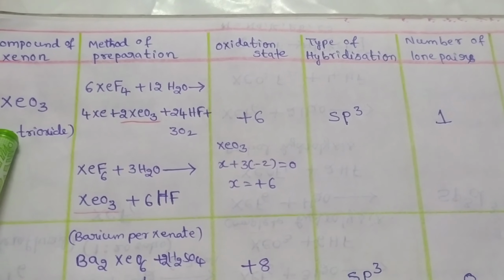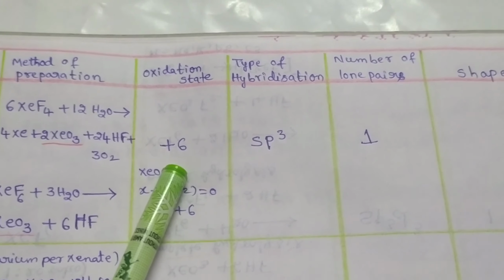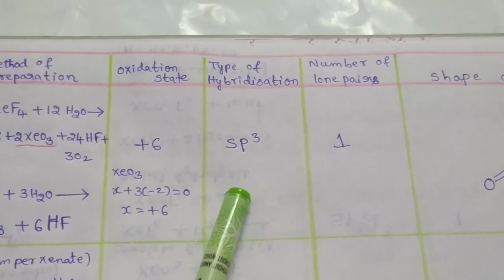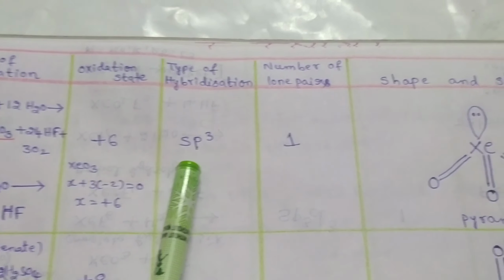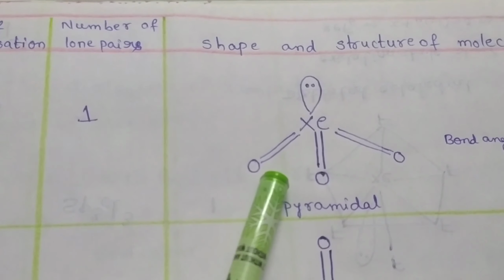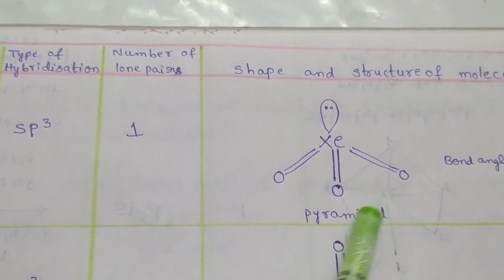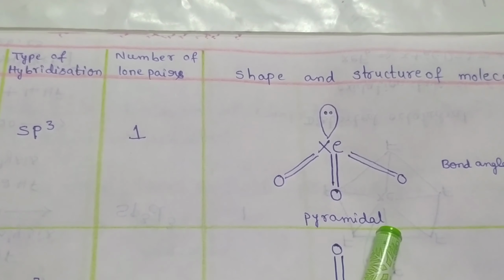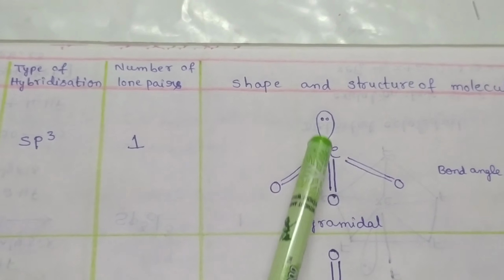Oxidation state: in xenon trioxide, xenon shows +6 oxidation state. Type of hybridization: xenon trioxide shows sp3 hybridization. When we observe the structure here, xenon trioxide is pyramidal in shape and has one lone pair of electrons.